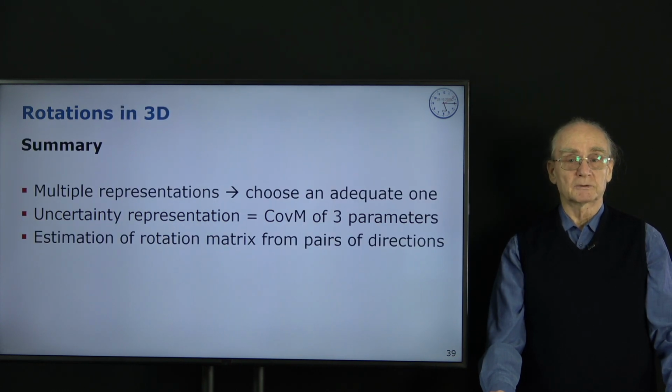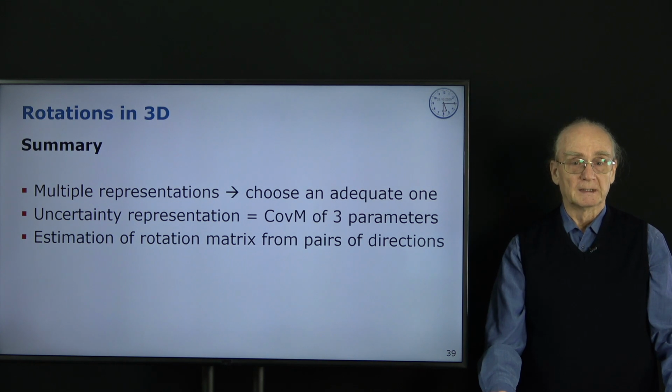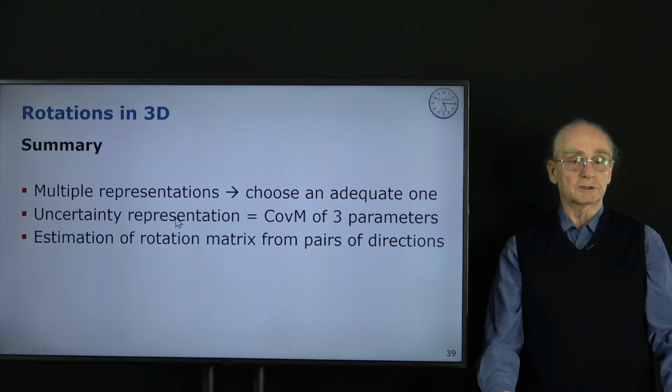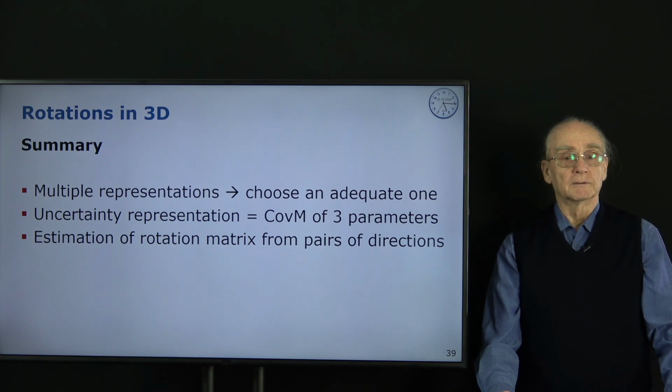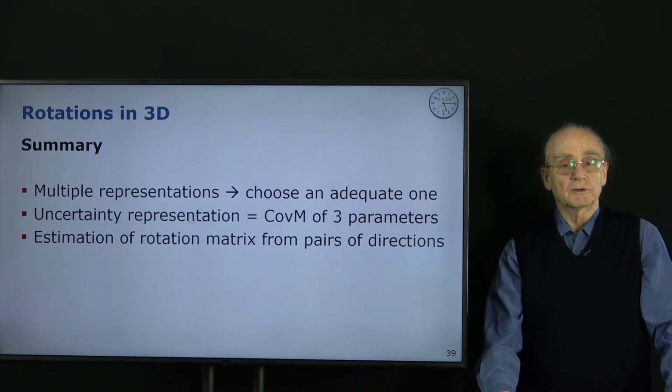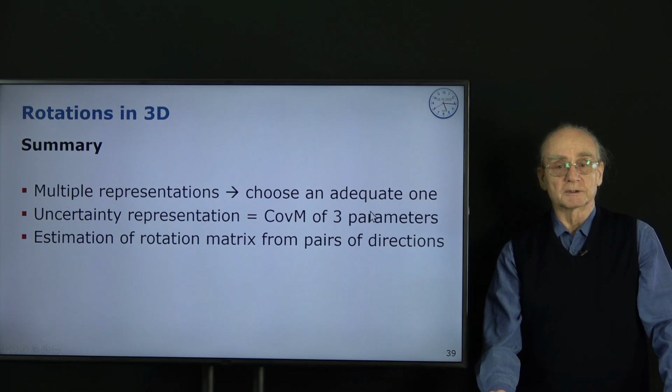So let's just summarize. We are now finishing the discussion about rotations. We have seen there are quite some different representations. And the task of an engineer is to choose the adequate one for your application. There is no unique advice which I could give you. The second is that we are able to represent the uncertainty of a rotation using an equivalence matrix of 3 parameters.